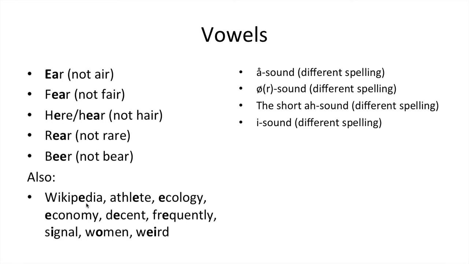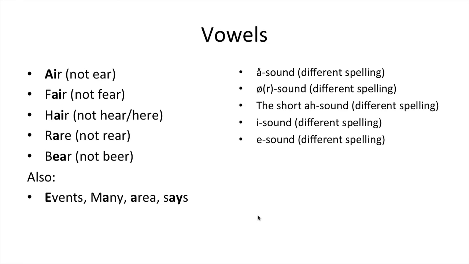Wikipedia, not Wikipedia. That's basically how this letter is literally called E in English. In other languages, the E is what in English is called I, which is this. This is the E, right? But in English, this letter is pronounced E. Wikipedia, athlete, ecology, economy, right?